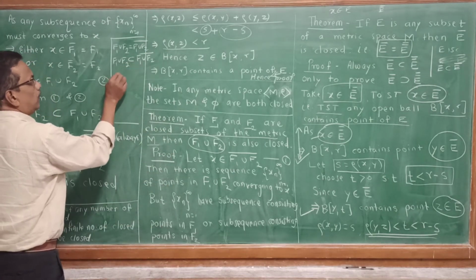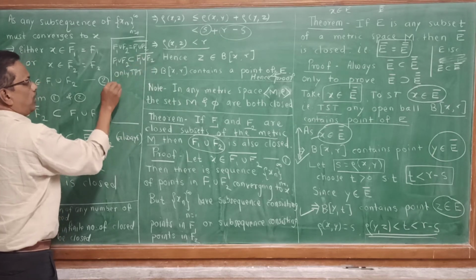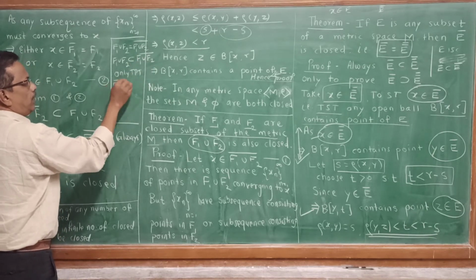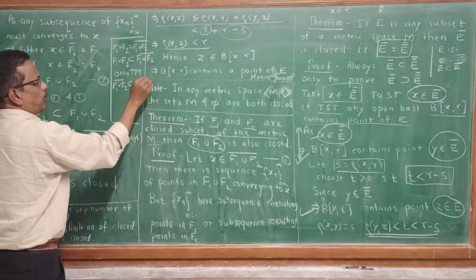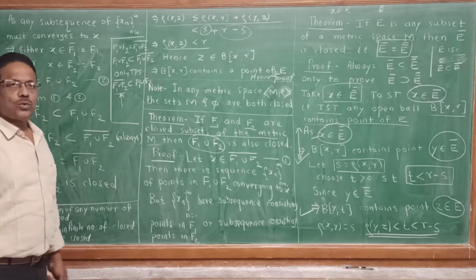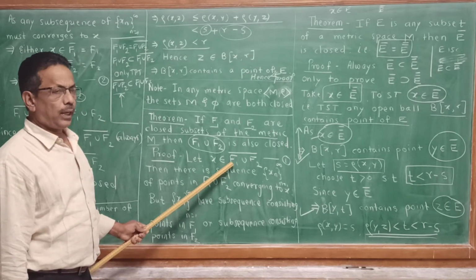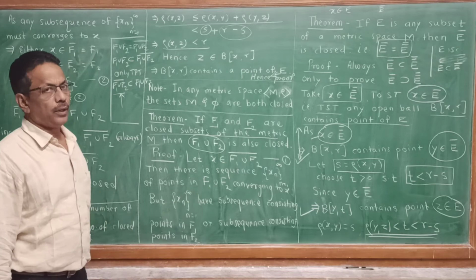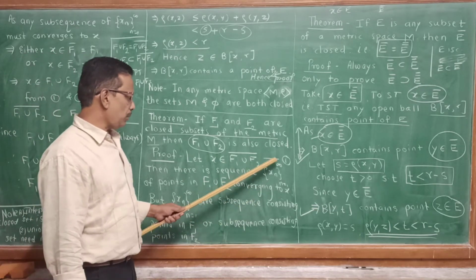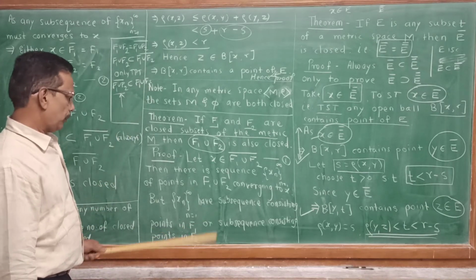We only have to prove that the closure of F1 union F2 is a subset of F1 union F2. Therefore, take a member x belonging to the closure of F1 union F2. Let this be equation number 1, and prove that the member belongs to F1 union F2.